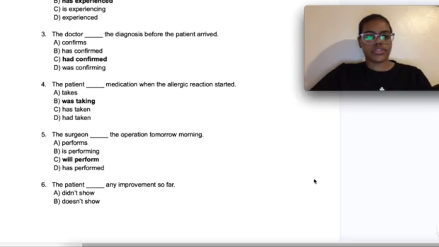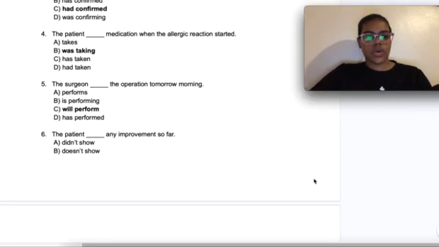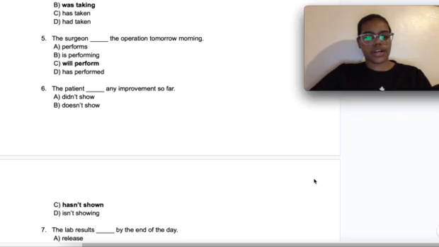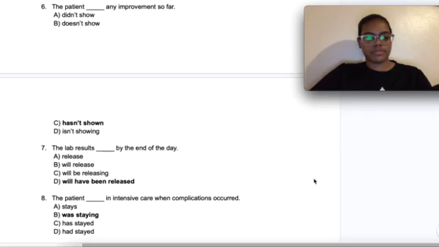The patient was taking medication when the allergic reaction started. 5. The surgeon will perform the operation tomorrow morning. 6. The patient hasn't shown any improvement so far.